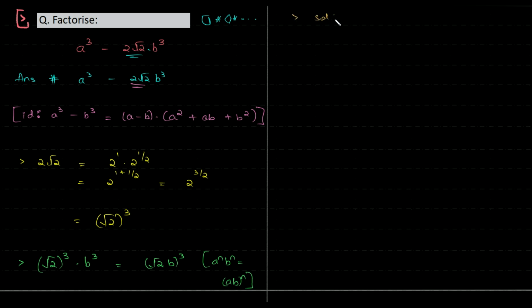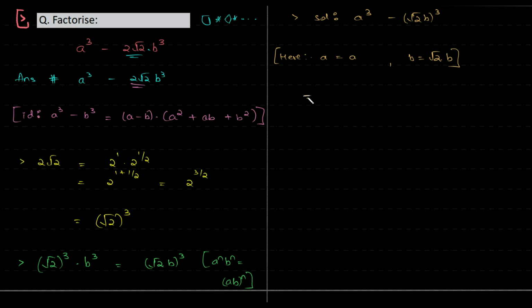So the solution is a cube minus root 2 b the whole cube. Okay, so since we have to write it as a product of terms, we need to make use of this particular formula, which tells us that our a over here is a itself, while b is root 2b, and so we have the answer to be, okay, let me put this in brackets.